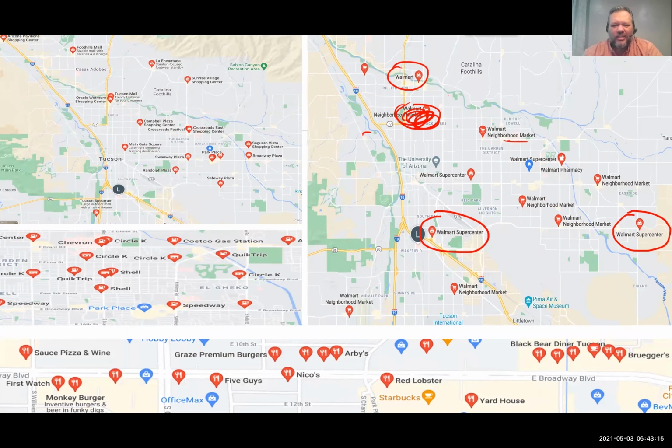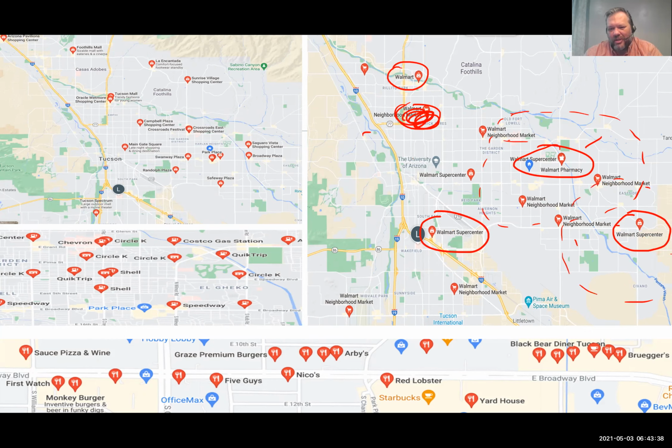And so you can kind of see that, okay, here's the super center here. And here's one here. And so, this is the population. So if we kind of draw a dot around this, whatever population this is in this area would be about what is needed, the threshold that's needed to sustain that Walmart.